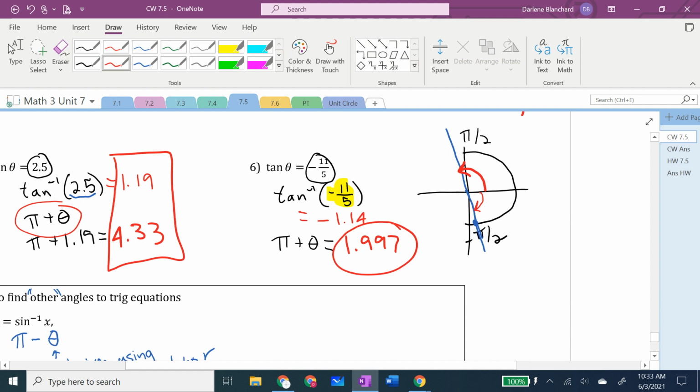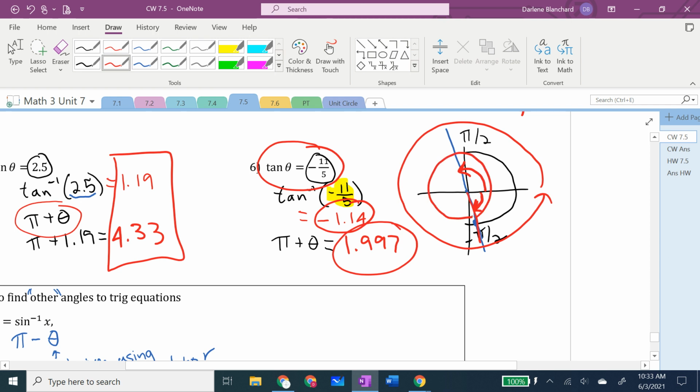But if I'm going to look at two positive answers to this equation on a first trip around a circle, then I'm going to take this negative number, which put me here, and add 2 pi to it to get its positive coterminal angle within a first round of a unit circle.